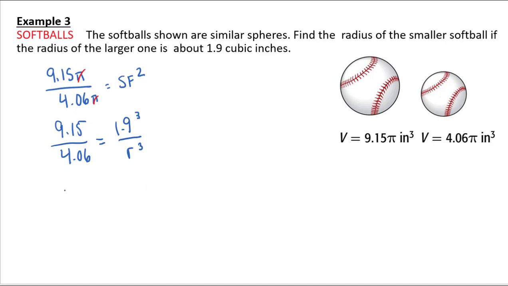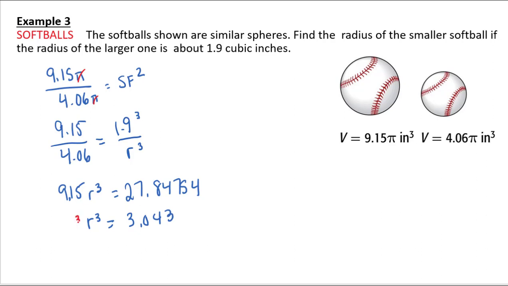So I cross multiply and I get 9.15 times one radius cubed equals 1.9 cubed multiplied by 4.06 in my calculator, and I get 27.84754. So r cubed is equal to 3.043.